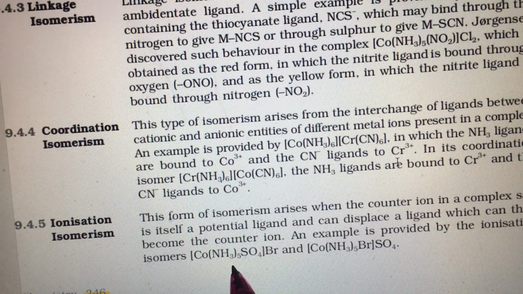However, if the Br comes in, SO4 goes out, then that makes the ionization isomer, pentamine bromo cobalt 3 sulfate, and if it is added with silver nitrate, it won't give any precipitate. But this one can give a white precipitate on addition of barium chloride solution. Barium chloride will give white precipitate of barium sulfate. This pair of compounds which are formed by exchange of the ions make what is called ionization isomerism.